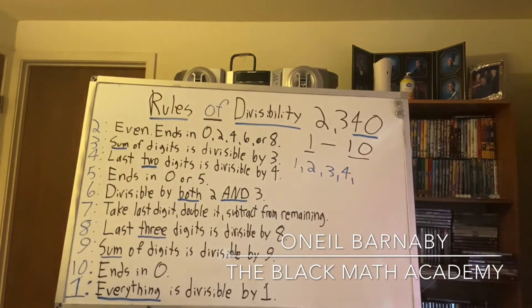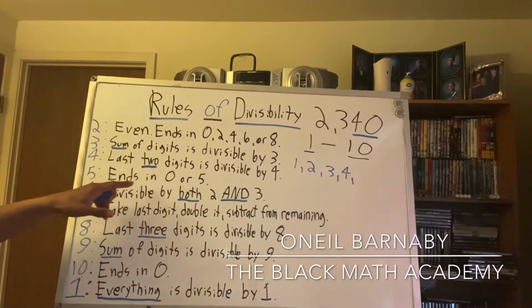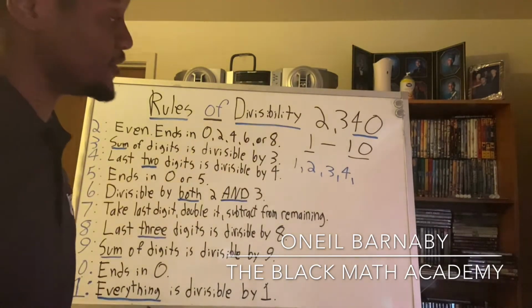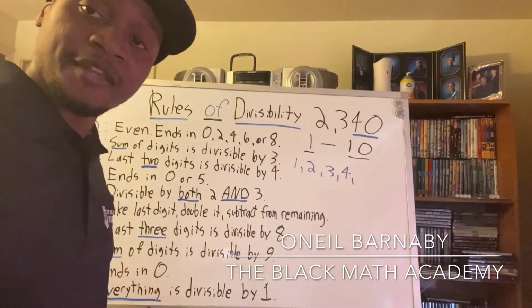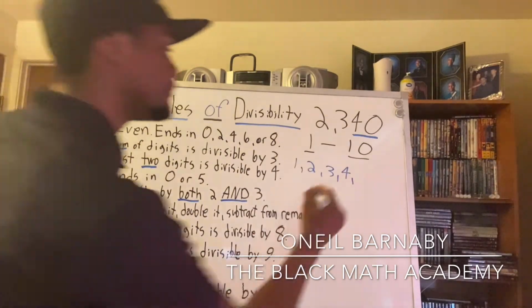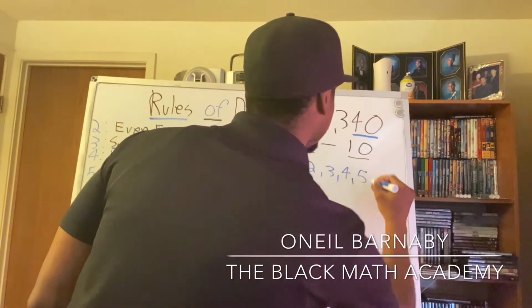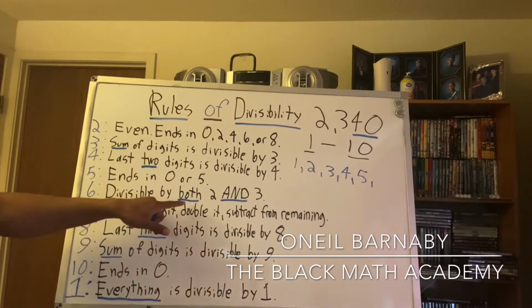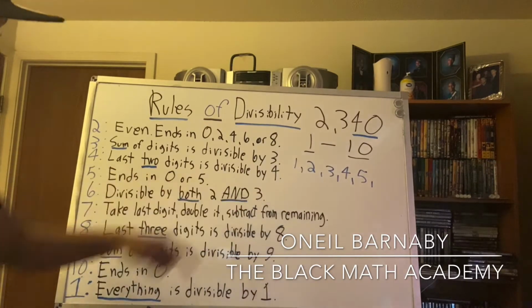The rule for 5 says that it has to end in either 0 or 5. Our number ends in 0, so therefore that number is divisible by 5. We'll add 5 to the list. The rule for 6 says that it has to be divisible by both 2 and 3.